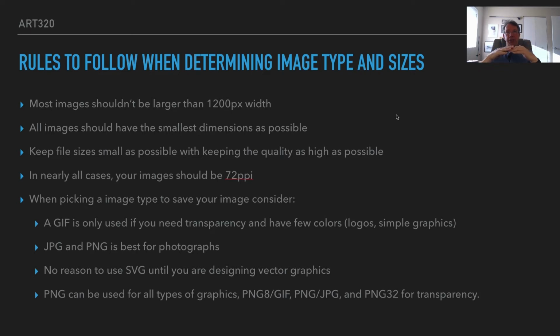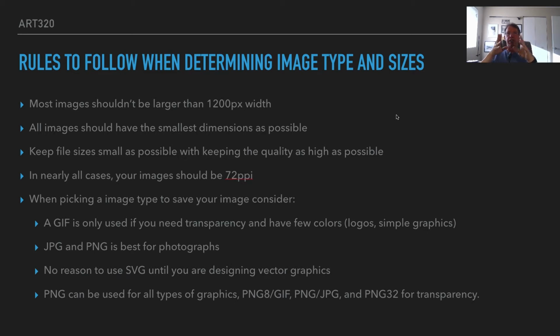That refers to the maximum size. Now, if you need a 600 pixel image, you don't use a 1200 pixel image for that. You need to resize the image to the size that you need. I hope that makes sense.